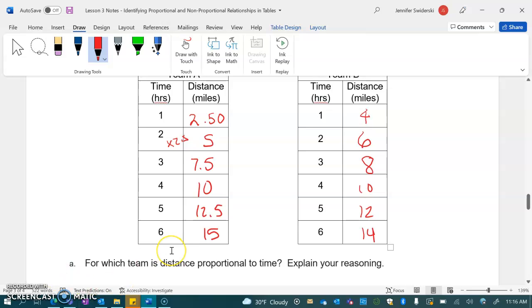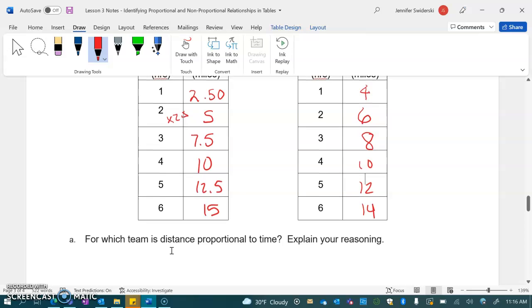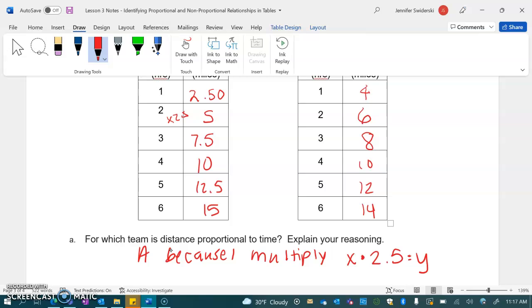So they want to know for which team is the distance proportional to time? Well, Team A, because I multiply my x by 2.5 to get y, or my y over my x are equal.